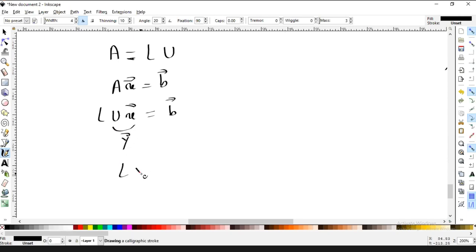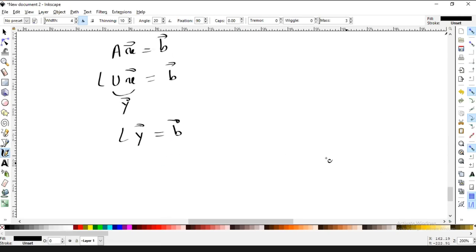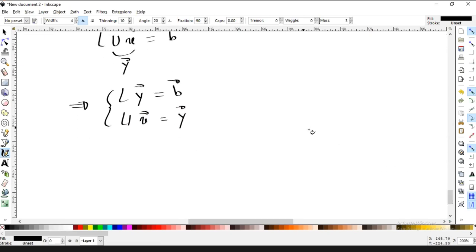I get LY is equal to B, and UX is equal to Y. So you first solve LY equals B, you get Y, and then we solve UX equals Y, and we get X. Where L is a lower triangular matrix, U is an upper triangular matrix.